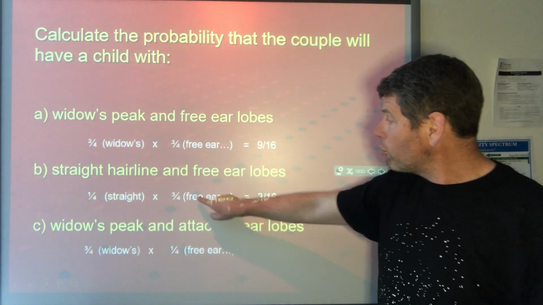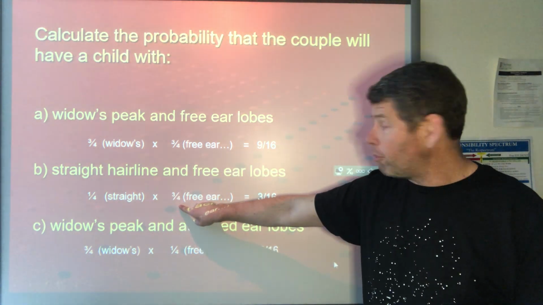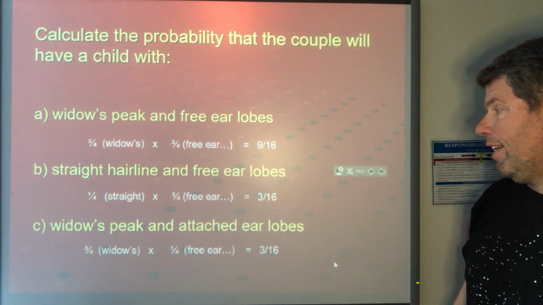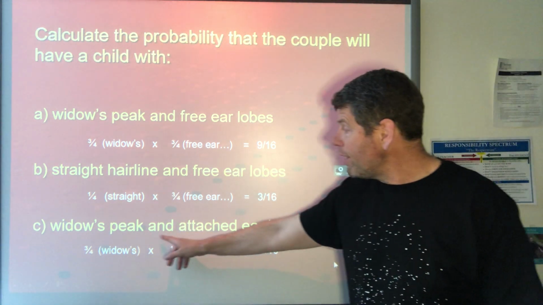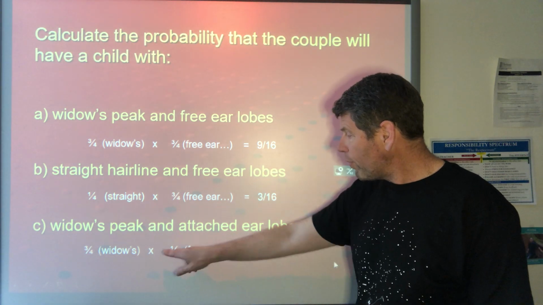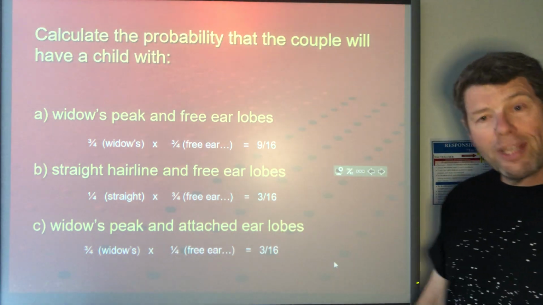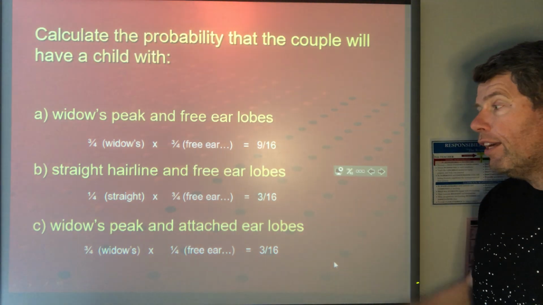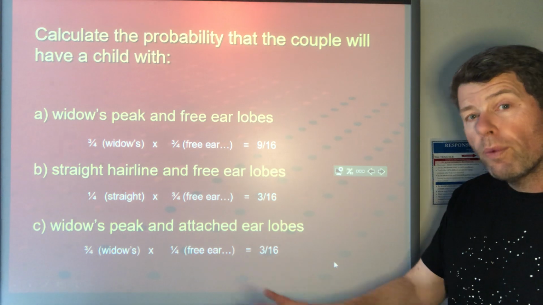And the free earlobes, remember, is still a 3/4 probability. So again, multiplying those together, 3 out of 16. Same thing here. The widow's peak dominant hairline, recessive earlobes, 3/4 times 1/4, 3/16. And guess what? It would be 1 in 16 for the child to have both recessive traits.